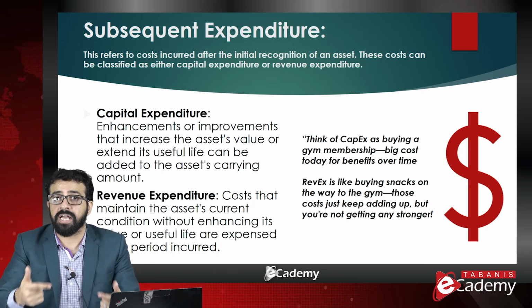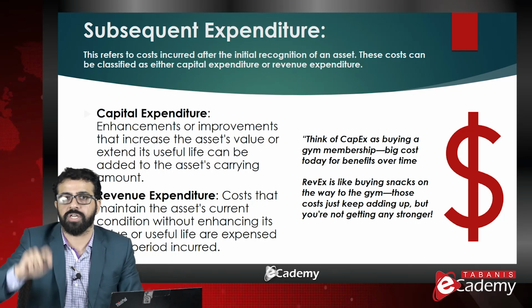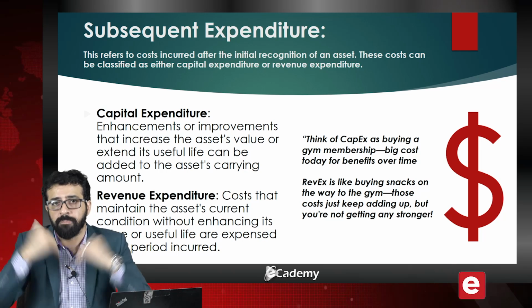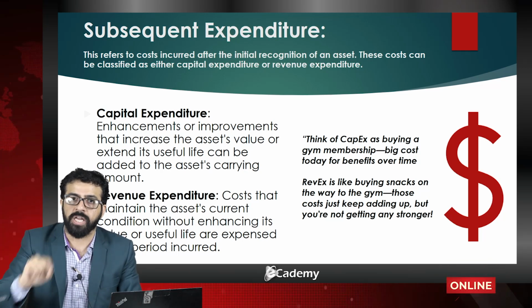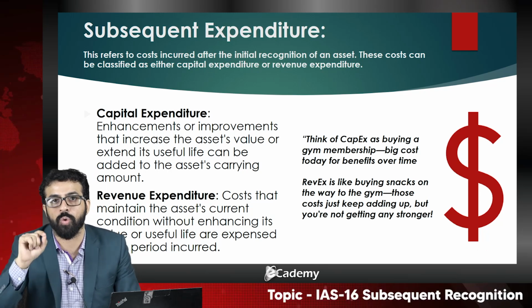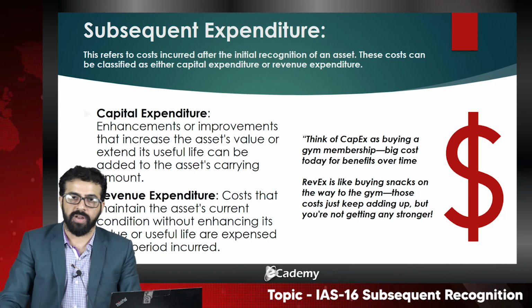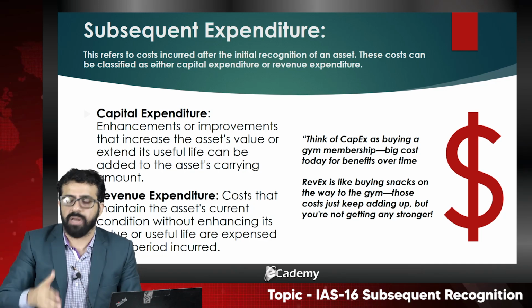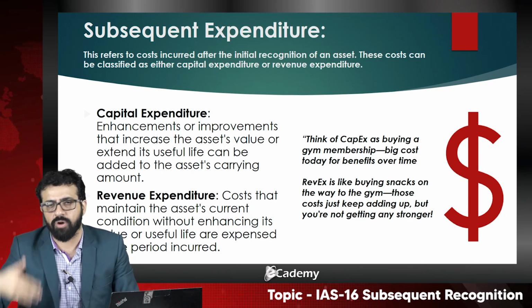So I would pass the entry again, asset debit and cash credit $10,000, and in my books the total cost would be 5,29,000 rather than 5,19,000.